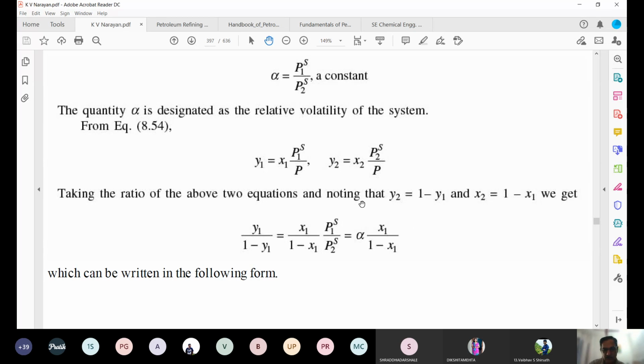And we have derived this equation. How do we get y1? y1 is x1 into P1s upon P. Okay, does anyone remember?